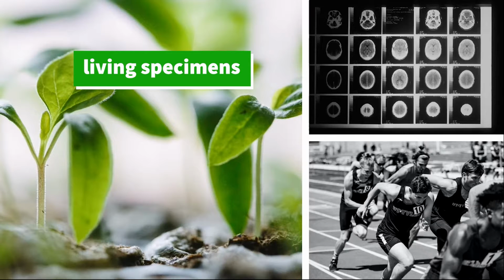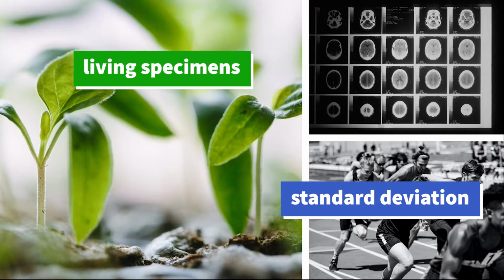So large sample sizes are needed to compensate for all these random errors, and calculating the standard deviation may be a useful tool for indicating the spread of the data.